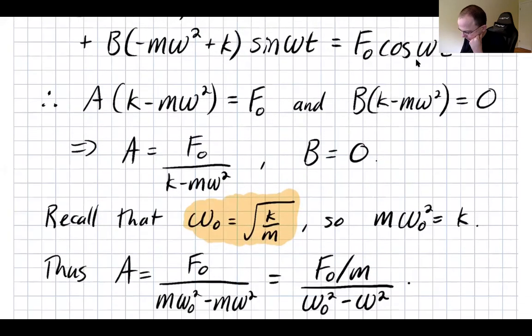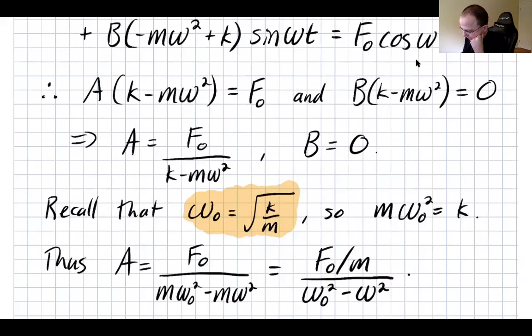Now, recall that omega naught is given by this, and so we actually have this term here. Wait a second, did I do something? Yeah, no, that's right. If you square both sides of this, then you get omega naught squared is equal to k over m, and then you multiply the m over here, and we get this.